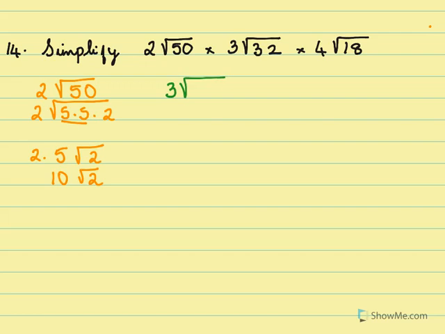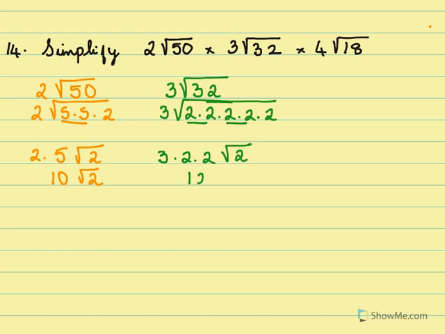Next I go to 3 under root of 32. So for 32, this is short division of 32. I have to make groups of 2. So 1 and 2. So 3, 2, 2 under root 2. And that is 12 under root 2.